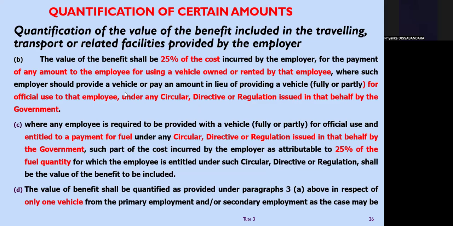If we have that kind of employees, that employees' vehicle benefit is 25% of the benefit they receive. That is the amount we consider for the taxation. That means 75% of that benefit is considered as incurred in respect of the official work, and 25% is for the personal matter. That is why we consider 25% as a personal benefit.